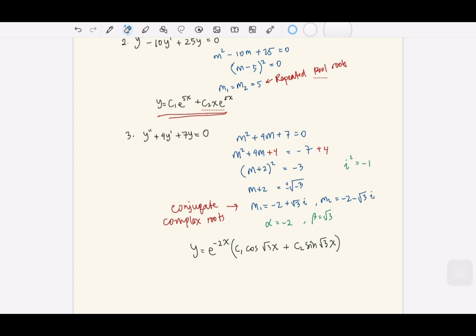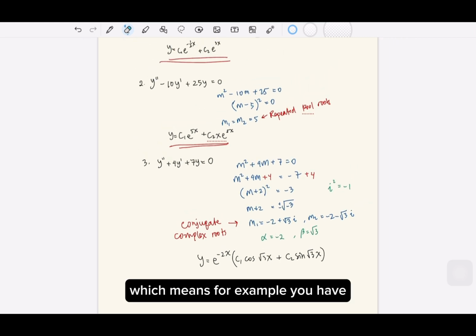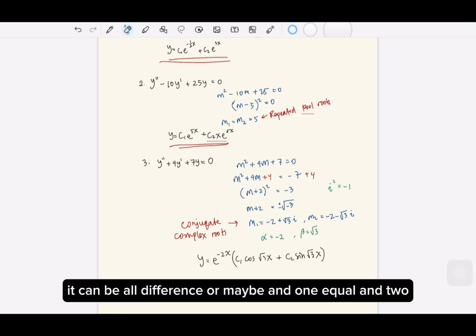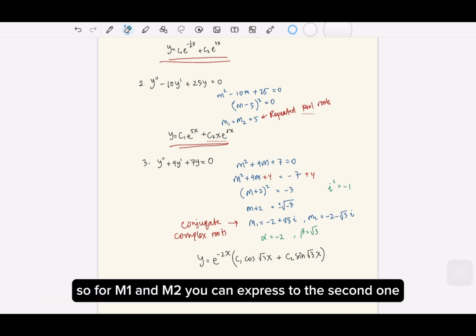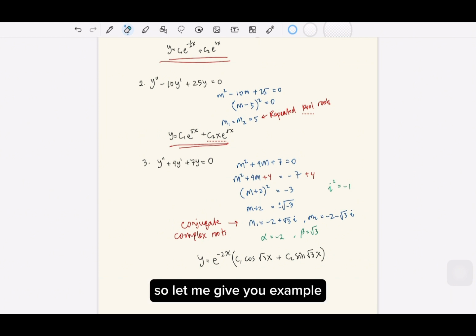Which means, for example, if you have a polynomial of degree 3, there will be 3 solutions. It can be all different, or maybe m1 equals m2 but m3 is different. For m1 and m2 you can express through the second case, and the other one as usual. Let me give you the example.